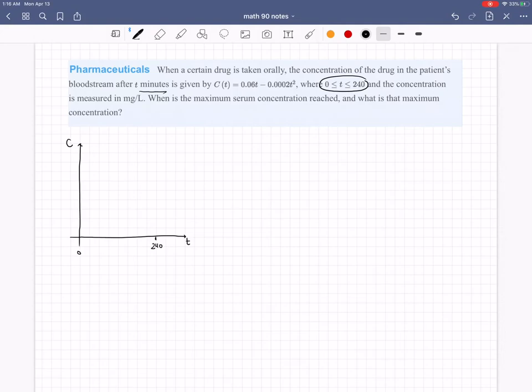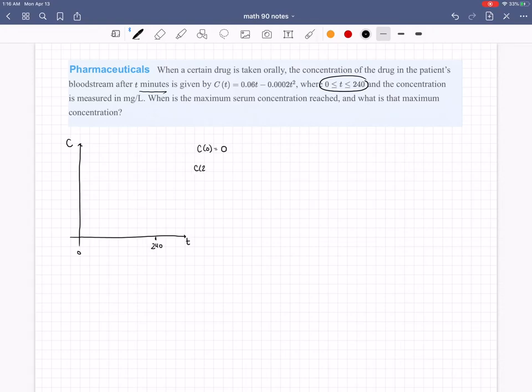So here, let's just see really quickly, because I want us to have a pretty good picture. So not surprisingly, C of 0 is 0. If you plug 0 in for t, you'll get 0. When the patient just takes the drug, there is no detectable drug in the patient's system.